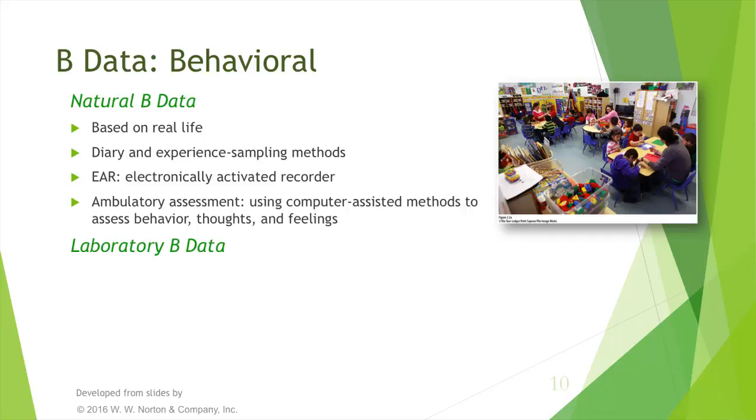Once the recorder has been returned to the researcher, each recording is coded into a predefined category like on the phone, laughing, watching TV, and so on. Although EARs have their limitations, they clearly demonstrate that we're on the road to the development of computer-assisted methods to assess behavior, thoughts, and feelings, known as ambulatory assessment.